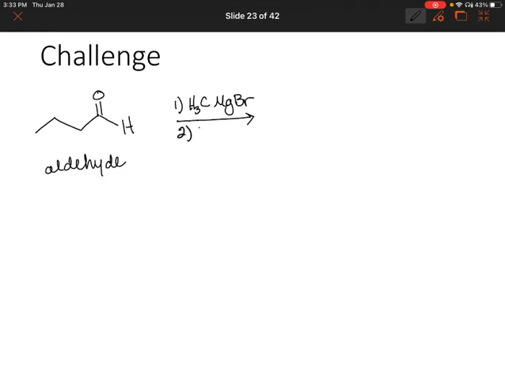And then we'll follow that with water. What would the product look like? And feel free to pause the video and try this on your own first. And also drawing the mechanism can help to figure out what your products are. And then when you unpause, we'll go over it together.